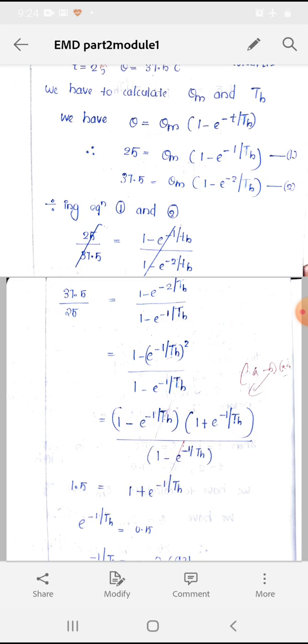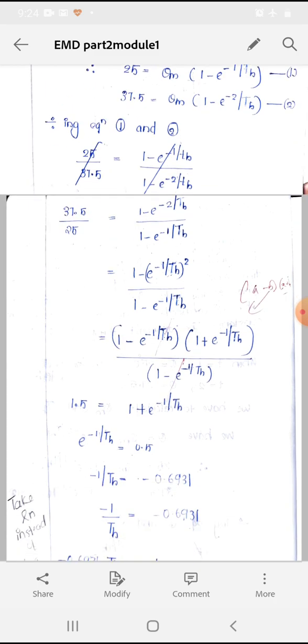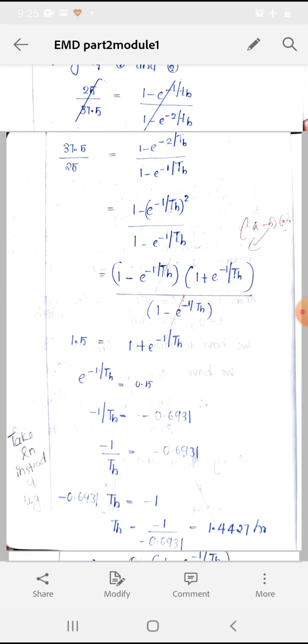Now 37.5 by 25 is equal to 1 plus e raised to minus 1 by Th. So from here we get e raised to minus 1 by Th is equal to 0.5. That means minus 1 by Th is equal to ln of 0.5, which is minus 0.6931.